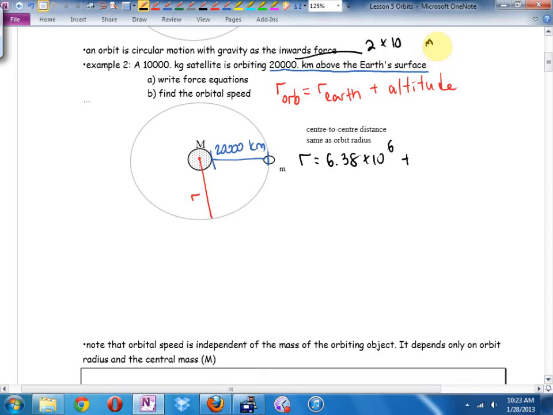How many zeros do you have right now in the 20,000? Count carefully. 4. When you times by 1,000, how many more zeros are you going to add? 3. So are you saying it's that? Yes. What is 6.38 times 10 to the 6th plus 2 times 10 to the 7th, please?